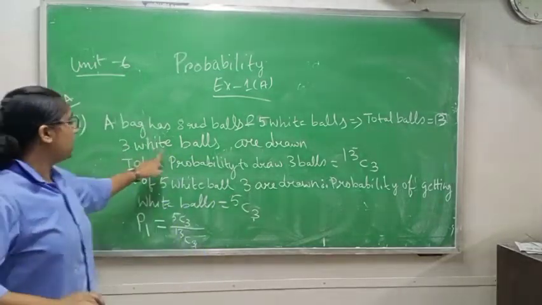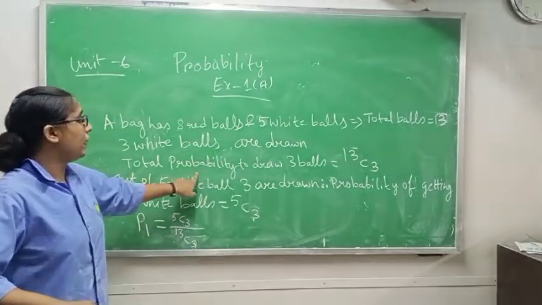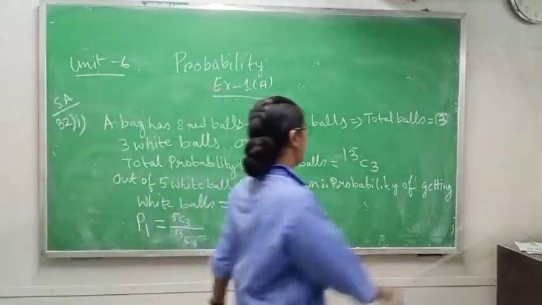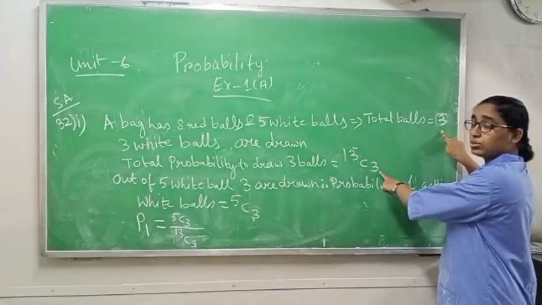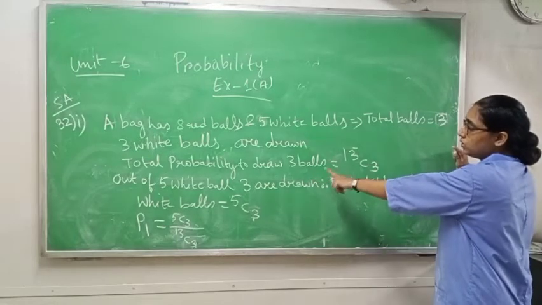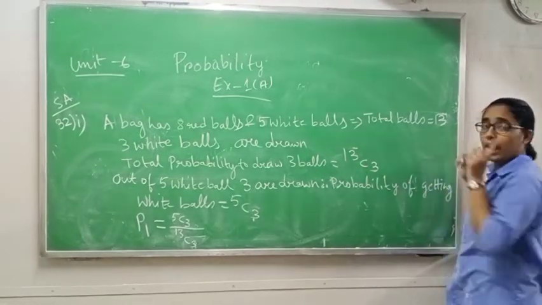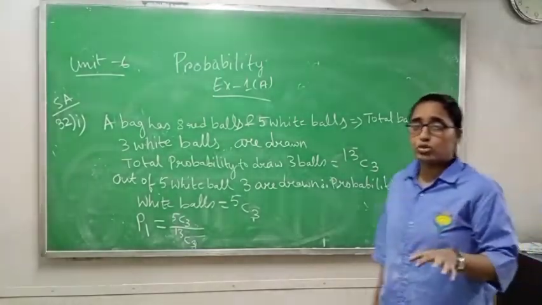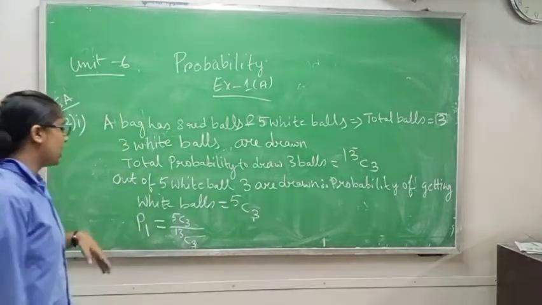Total probability to draw 3 balls: how many total balls do we have? 13. From 13 we can take out 3 balls. That is 13C3. We have to use combination here, otherwise we will not be able to do the sums.